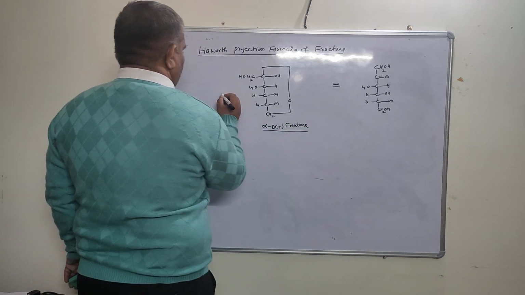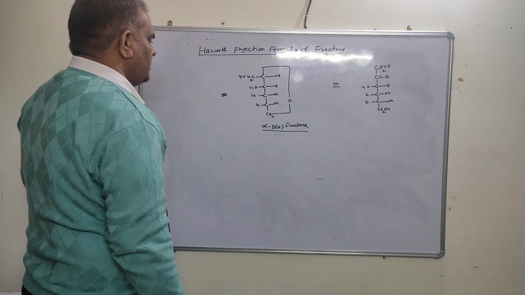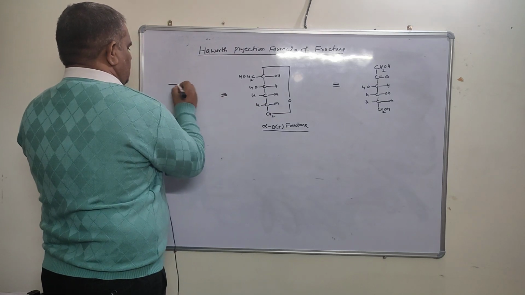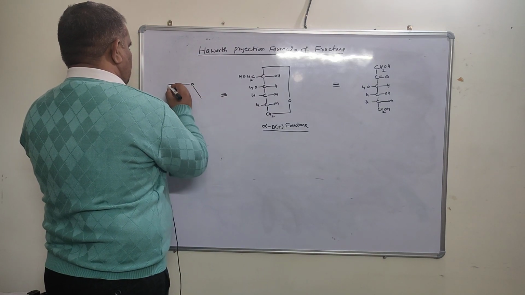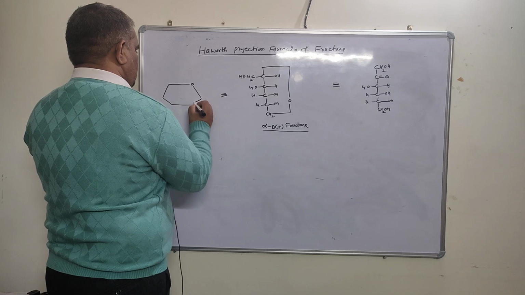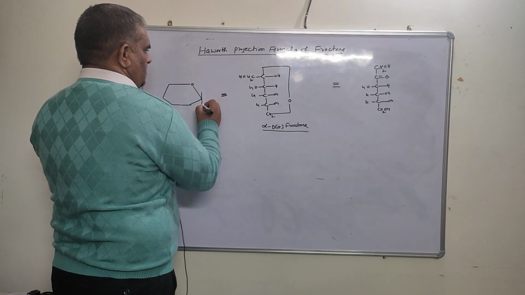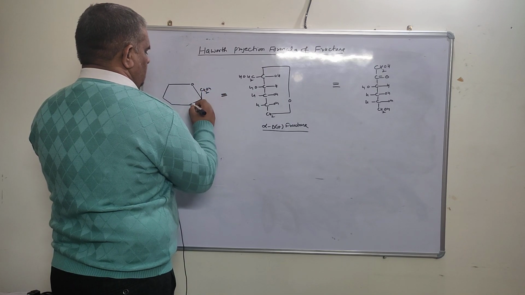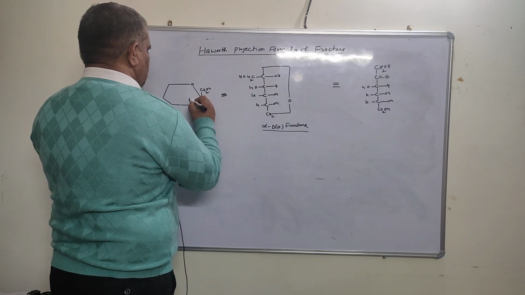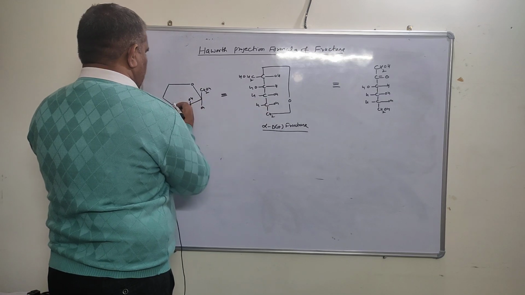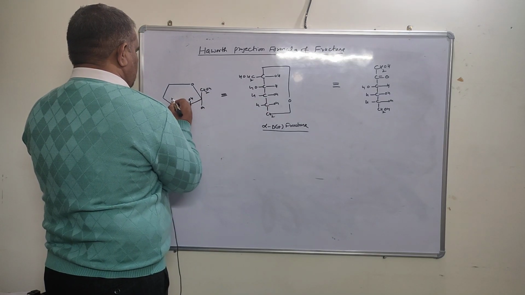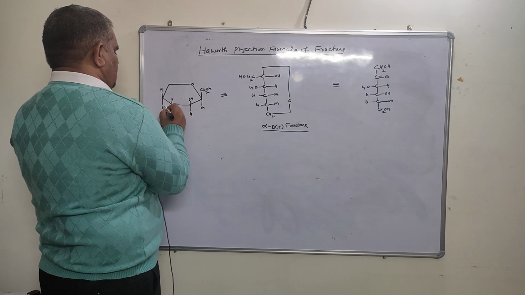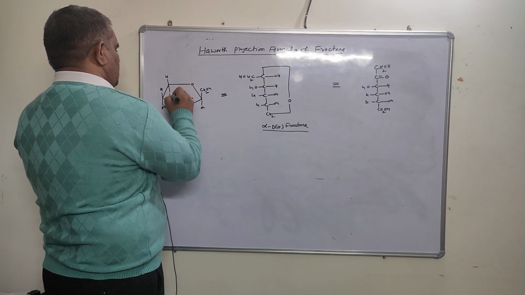तो इसका जो हावर्थ पोजीशन फार्मूला बनेगा, 6 मेंबर 1 2 3 4 5 6, this is oxygen, this carbon 1, 2, this OH, उसके बाद OH, H, this H, OH, H, OH, H, OH.